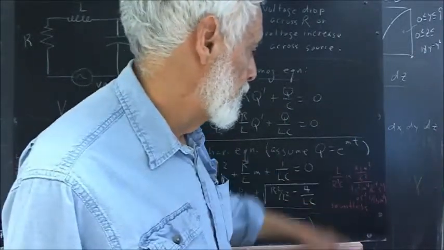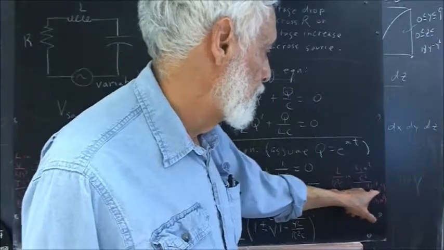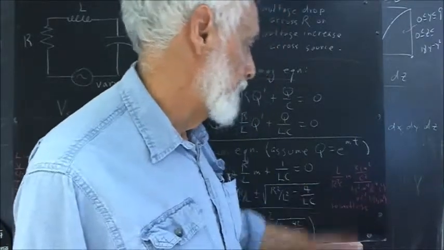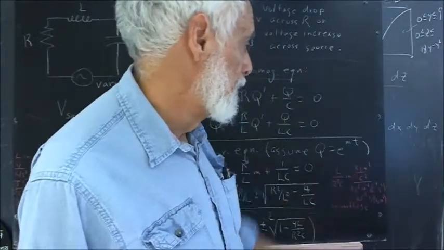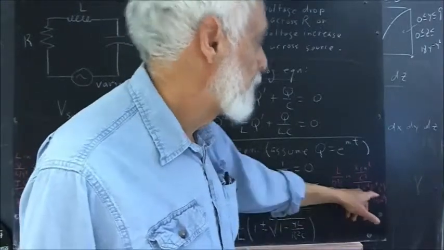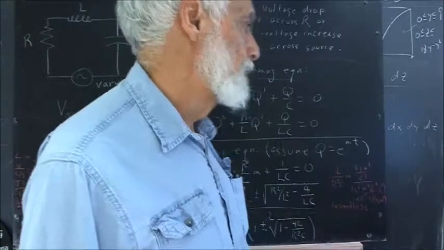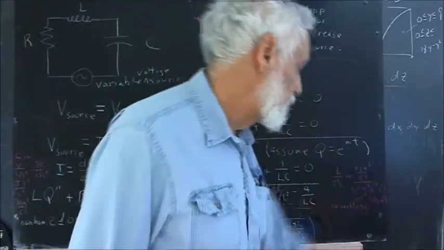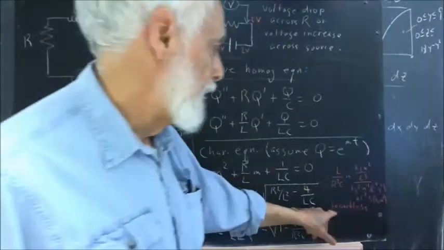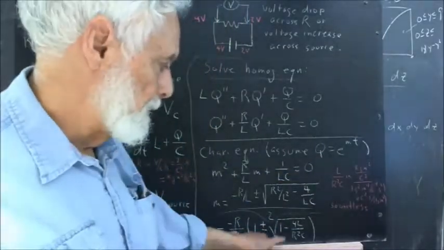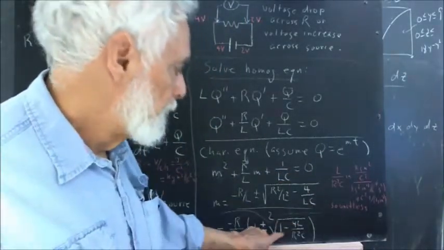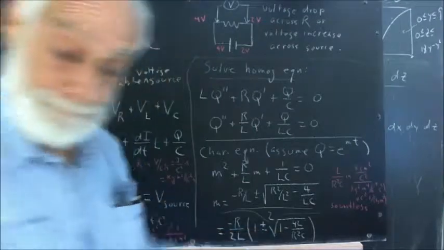We have coulombs squared over coulombs to the fourth in the denominator. That's reciprocal coulomb squared. We have reciprocal coulomb squared in the numerator, reciprocal coulomb squared in the denominator, so that goes away. So now this is unitless, which it had better be since it's being subtracted from the unitless number 1.